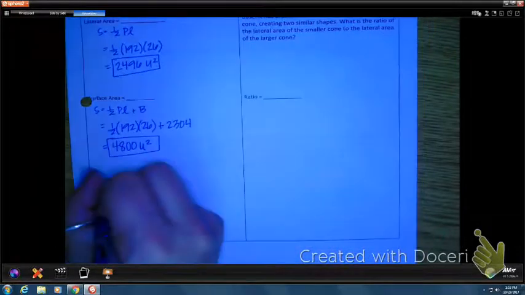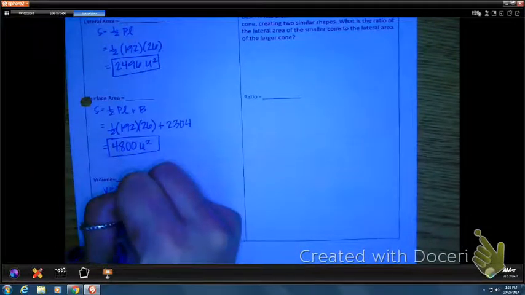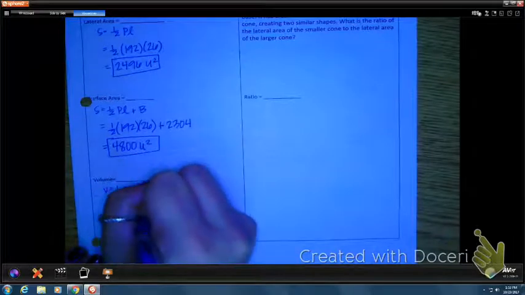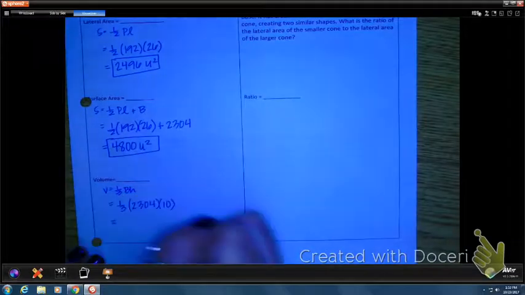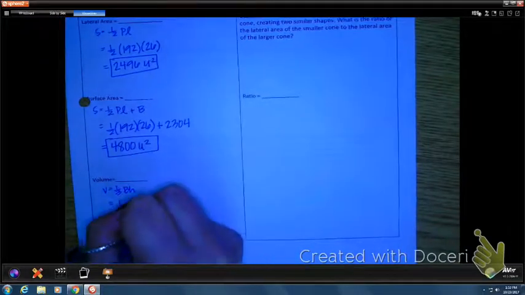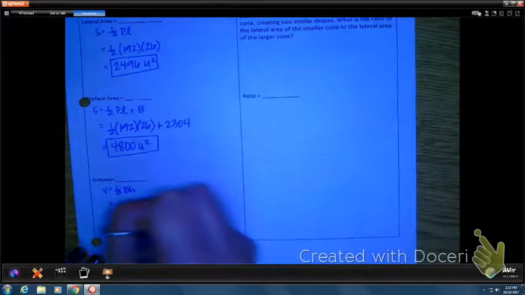And your volume, 1/3 times 2,304 times 10, and that gives you 7,680 units cubed.